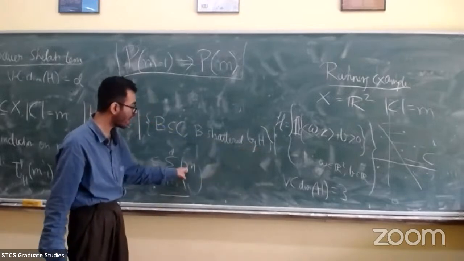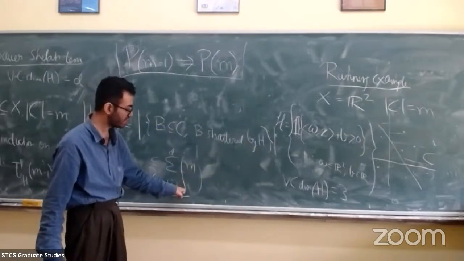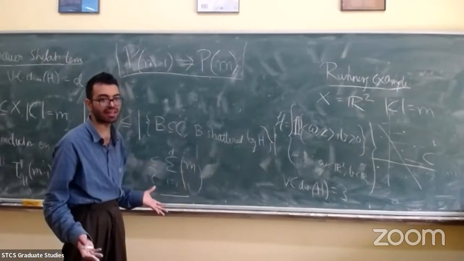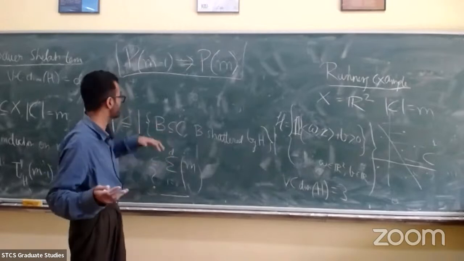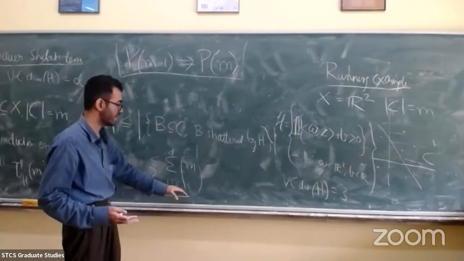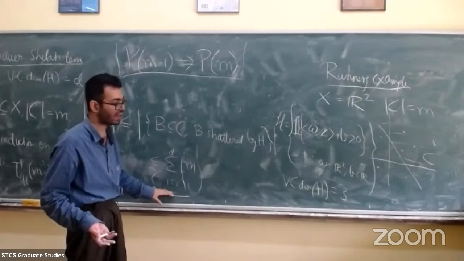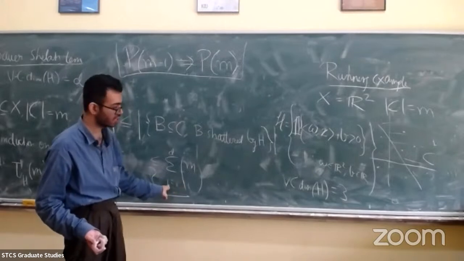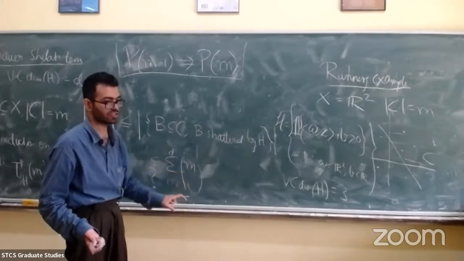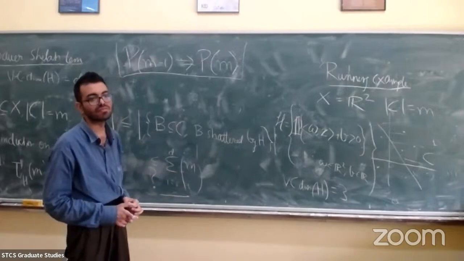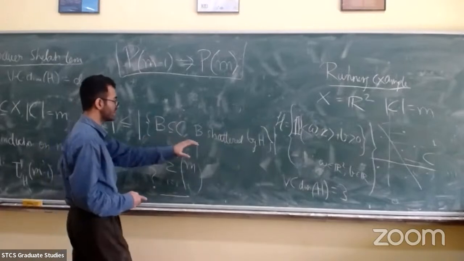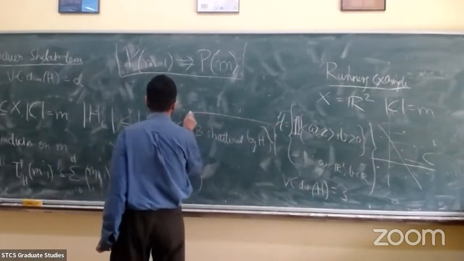M choose I counts the number of subsets of size exactly I. So how many subsets can there be of size at most D? Well, this many. I just summed over every size at most D of M choose I. So it's enough to just prove this simple thing.